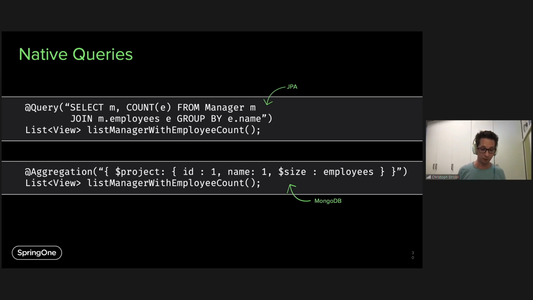You see, it behaves differently there, and that's why you have to pick your store carefully and can't use Spring Data to just swap out stores underneath your implementation.